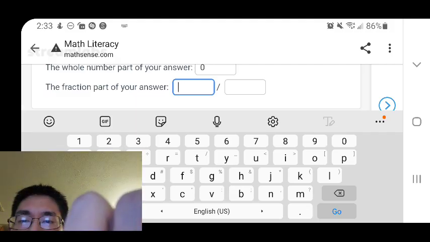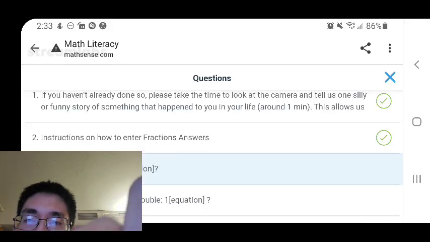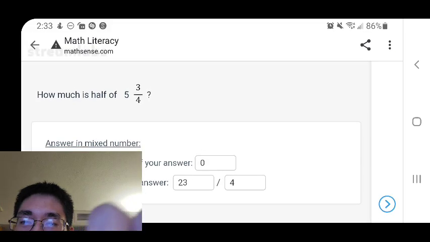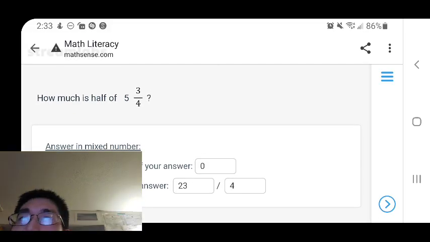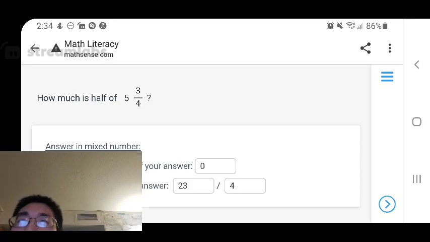I need to go back to the instructions. It's 23/4, but I forgot how to.